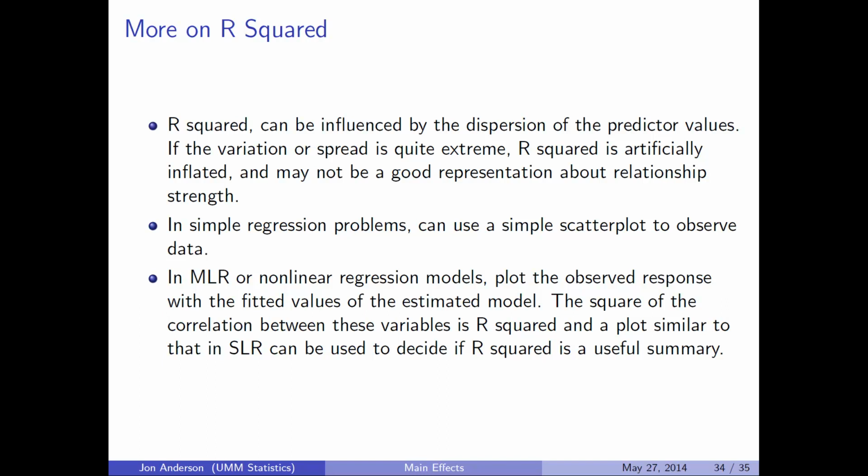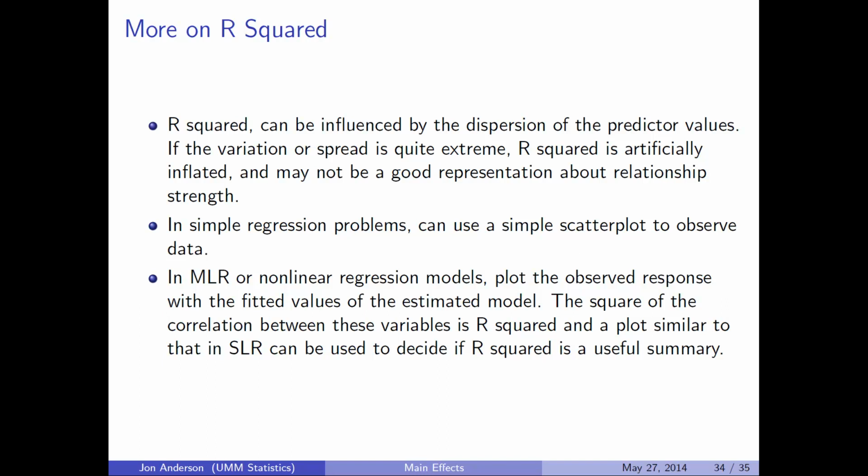There is a way to get a graphical representation of R squared and strength of model from a scatter plot. And so there is a way to visualize R squared for a multiple regression model.